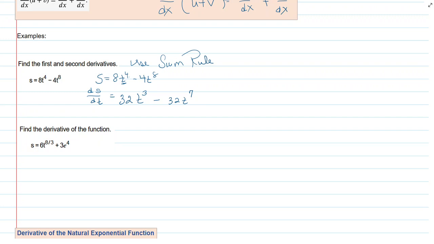It is the sum rule. All right. So we're saying that ds/dt is going to be 8/3 times 6 t to the 8/3 minus 1 plus what?